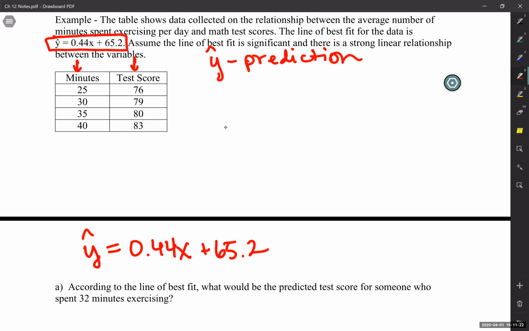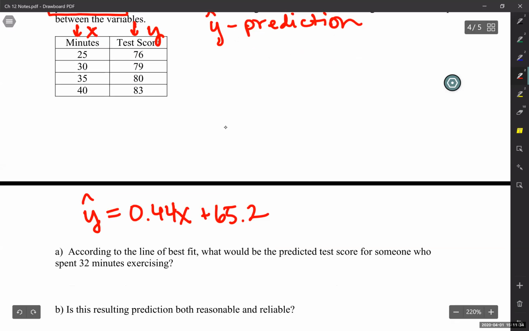Going up to the chart, I can see that the minutes is the first column, so it's the X. The minutes is our independent variable, and the test score is our dependent variable, our Y. If I have 32 minutes, that's my X, and I'm going to plug that into my equation: y hat, my prediction, is going to be 0.44 times 32 plus 65.2.